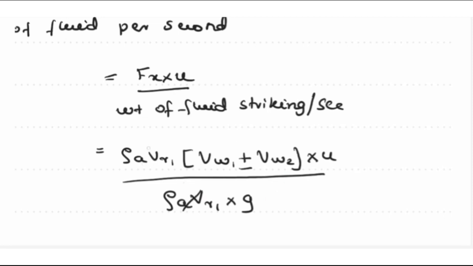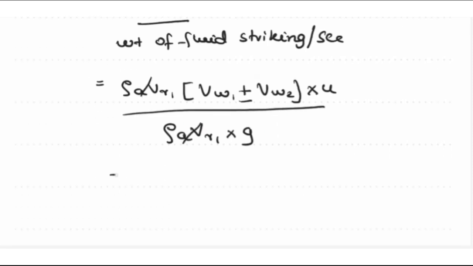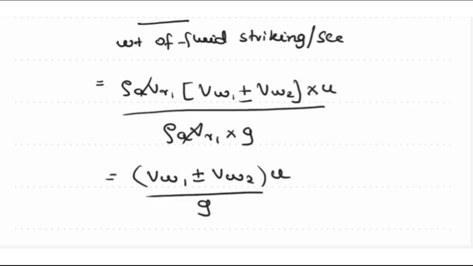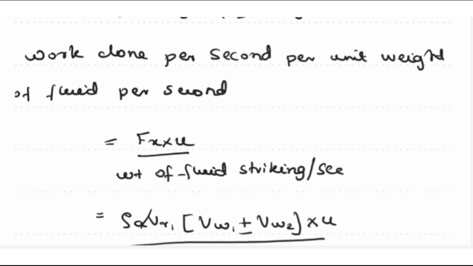So here this and this get cancelled. What is left is Vw1 plus or minus Vw2 into U divided by g. So this is the expression for work done per second per unit weight of fluid striking per second.